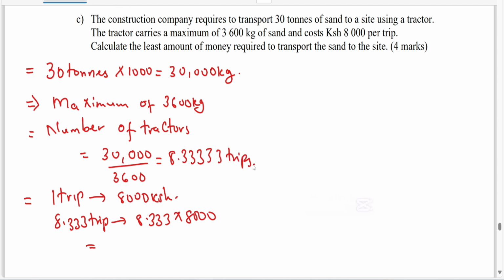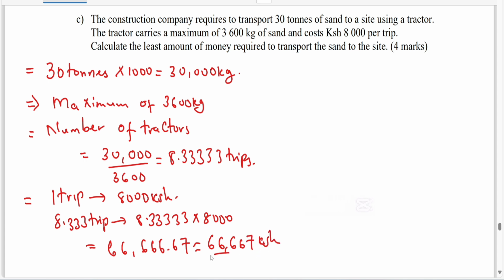Okay, and therefore 8.333 vile vile ulivyokuwa kwenye calculator times 8,000, so to minimize that error, it gives us around 66,606.67, which is just equivalent to 66,667 Kenya shilling. Siku hizi za mazaruto hakuna vitu vya sijui cents wala nini. So that is your answer.